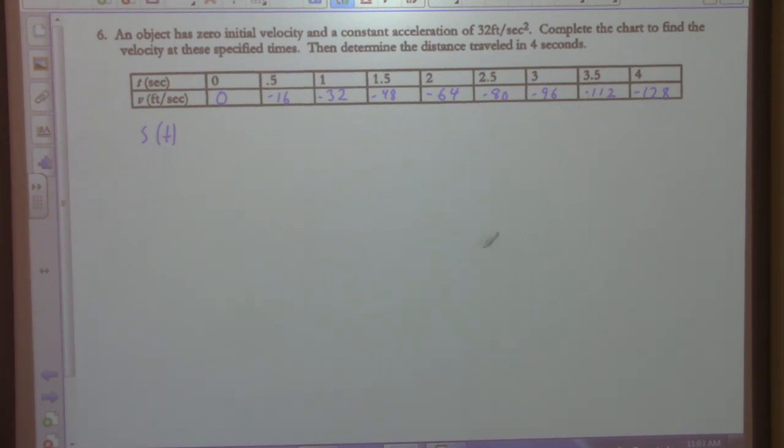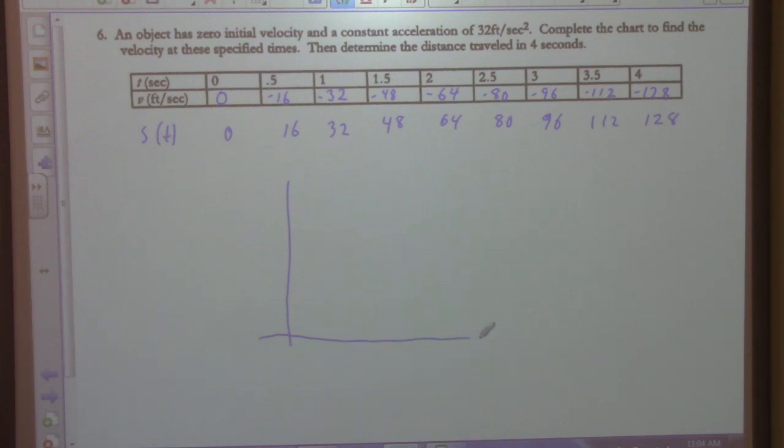The absolute value of velocity. So I'm going to just change these, just make my life easier, right? Are those numbers going to be easier to work with? I think so.